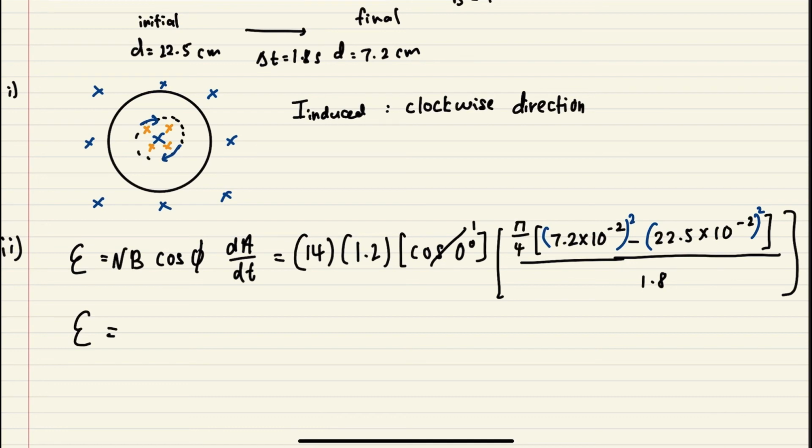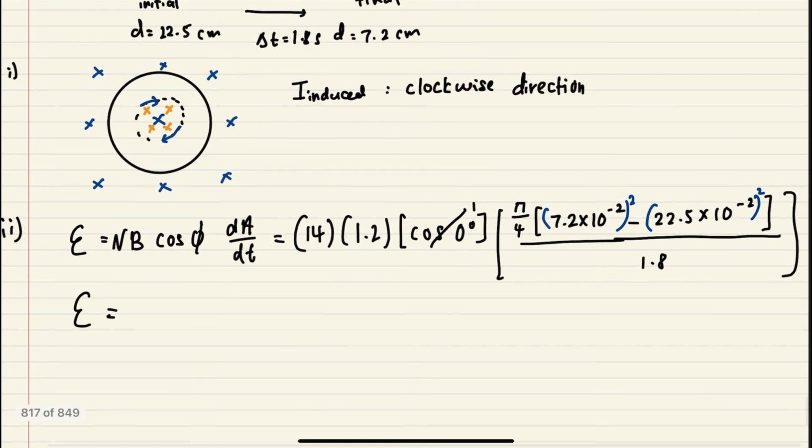I try to calculate again, 22.5 squared, negative 2 squared. So I got here, okay, the initial equation actually has a negative, because it is from Faraday's law, negative dΦ over dt.